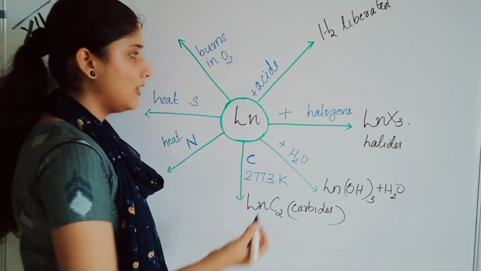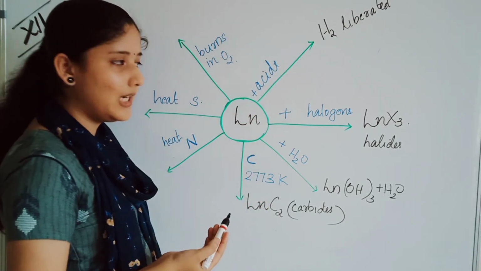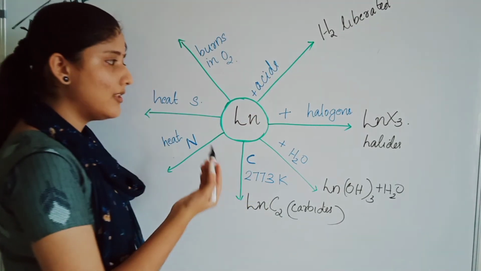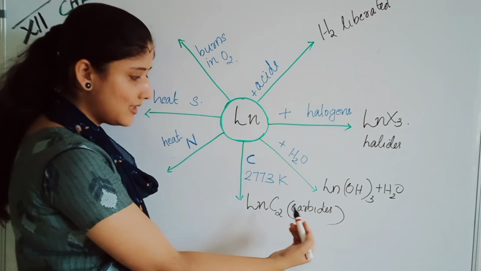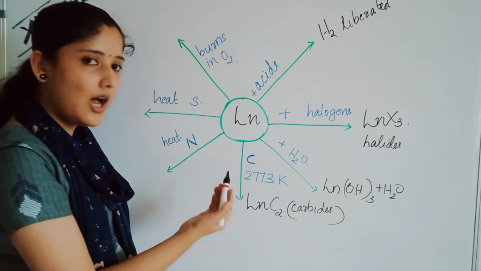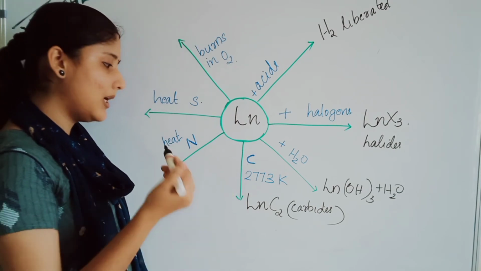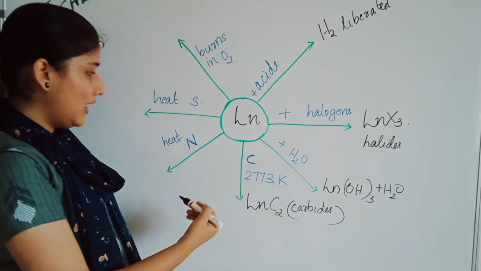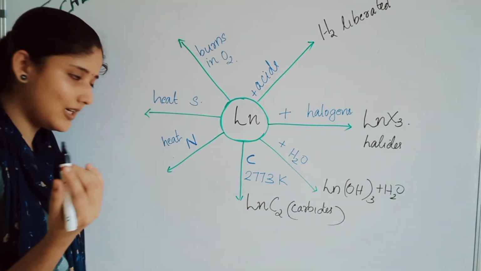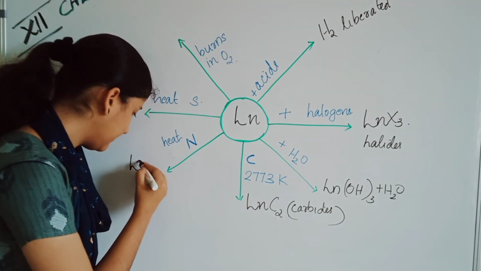Okay. With acid, hydrogen gas is liberated. With halogen, when lanthanoids react, we will get halides. With water, we will get hydroxides. And when reacted with carbon at high temperature, we will get carbides. When heated with nitrogen, we will get nitrides, that is LnN.